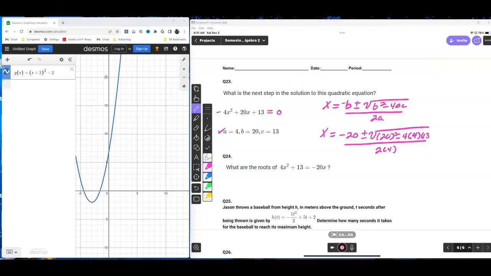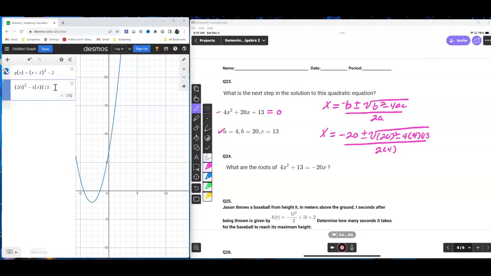So I'm going to go ahead and evaluate the discriminant. I'm going to use Desmos here. So I have parentheses 20 squared minus 4 times 4 times 13.